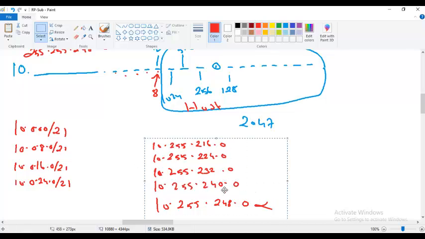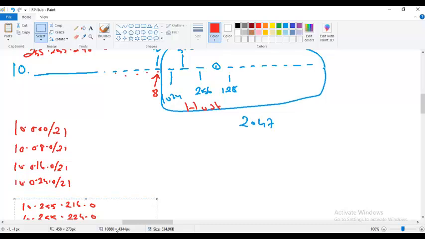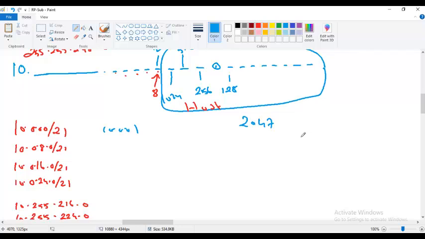First three and last three we can easily write with this. The first IP will be 10.0.0.1. What will be the broadcast? Tell me the broadcast. 10.0.7.254 is the last IP.